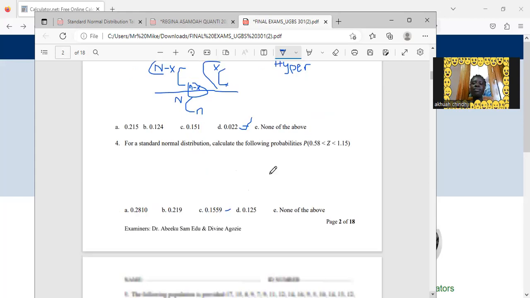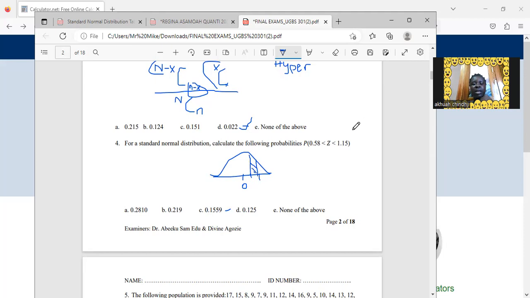You first draw the curve to know how it will look. Since this is z, the mean in the z distribution is 0. Then 0.5 will be 0.58 will be here, and then 1.15 will be here. So we are looking for the region on this side.